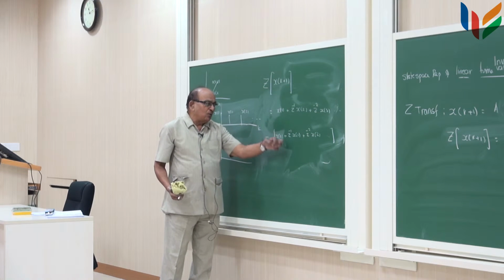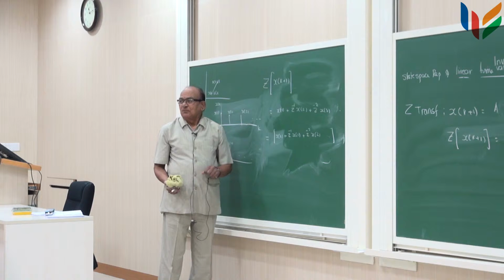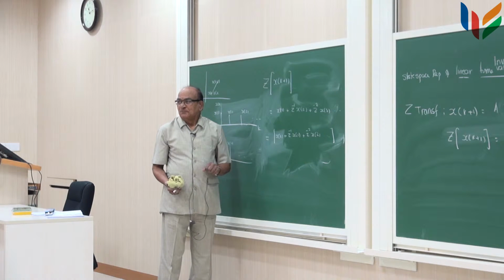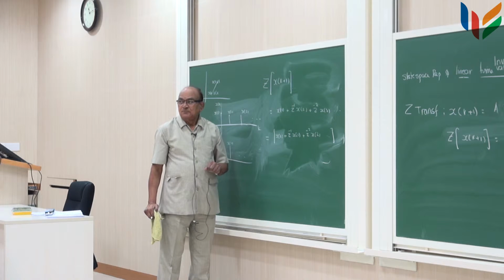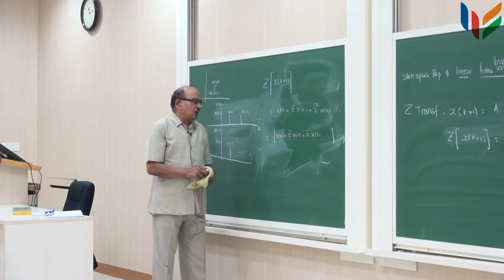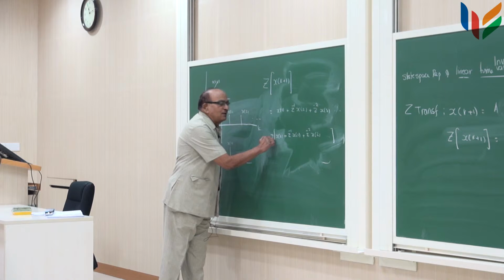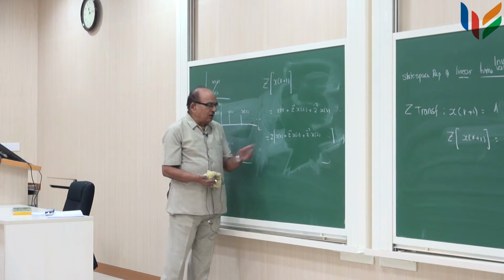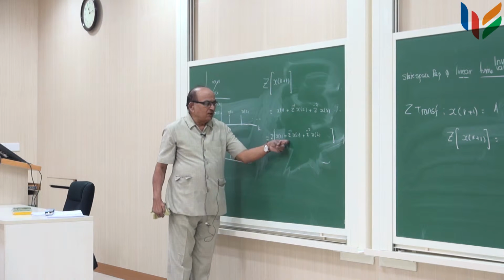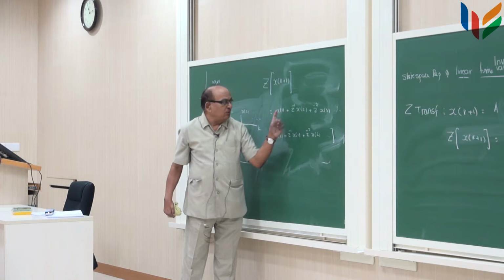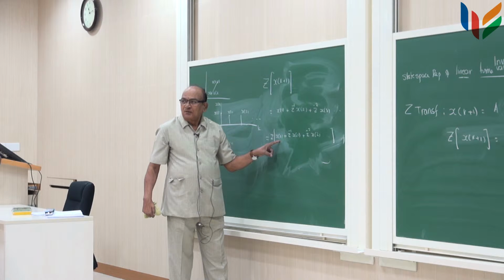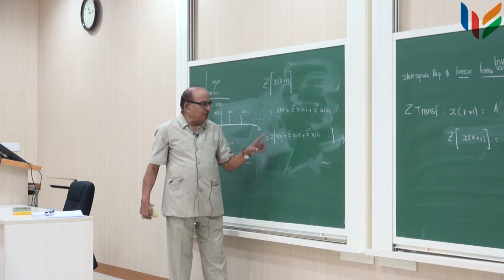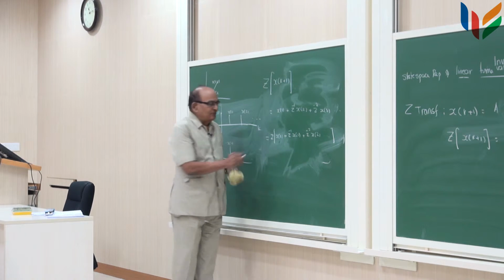Compare this and this, what do I do to get this? If I multiply this by z, I get z x0, x1, z minus 1 x2, all these are the same terms. The only thing is I have added this term, which means I must subtract this term.